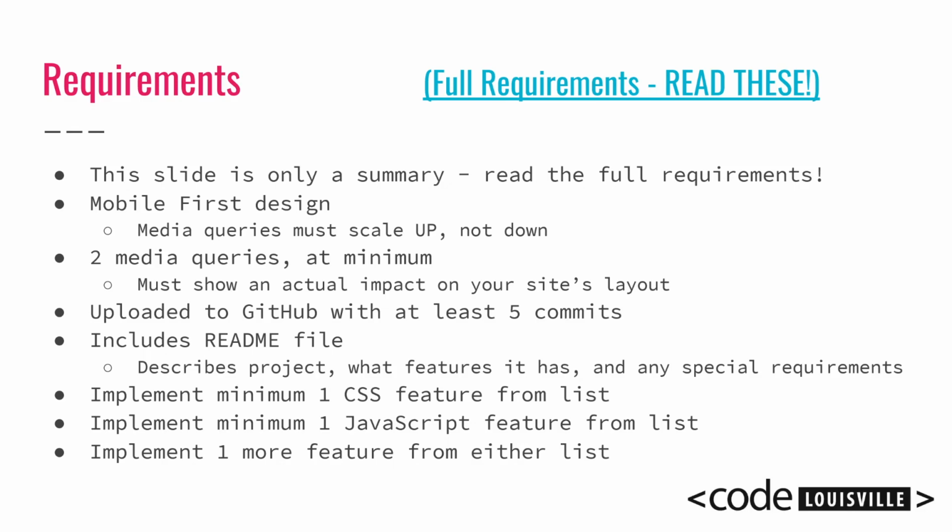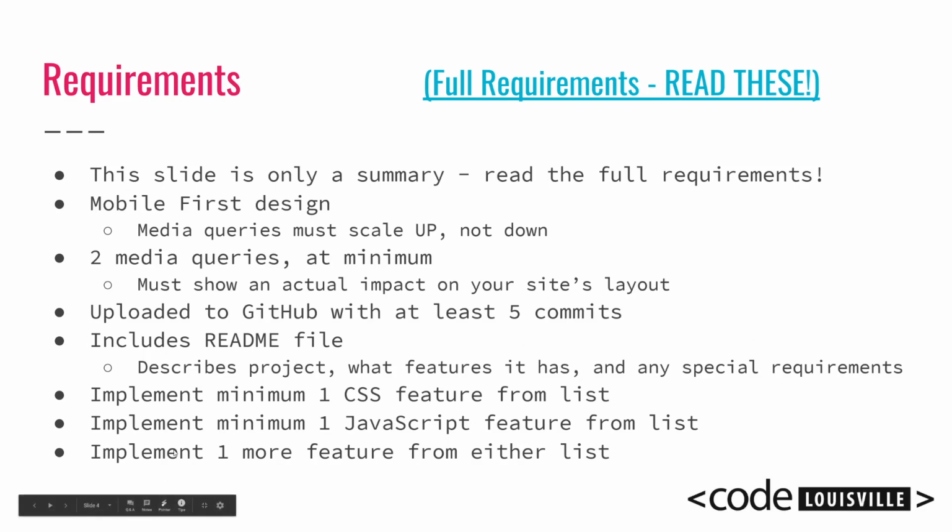If I have to compile something, download something, install something, anything like that, you have to put special requirements to run your project in your README. I need to know how to run your project. There's going to be tons of these projects turned in, and I don't have hours to spend on every single one of them trying to figure out how to run them. But again, most people, I will just be able to open your project by opening the folder and double-clicking on index.html or something like that.